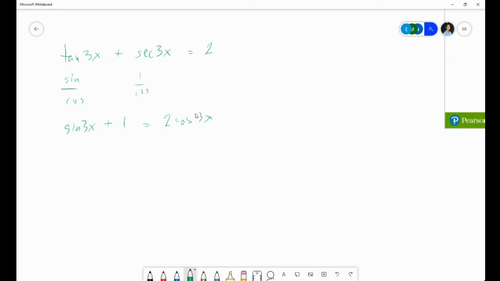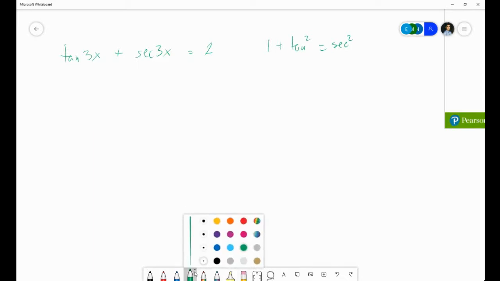So is this where you're stuck at? Yes. Okay. So let's remember all of our trig identities: 1 plus tangent squared is equal to secant squared. Now, in order to get the square, I need to square both sides. And I told you before, do not square both sides when you have two trig functions on the same side. So you need to bring one of them to the other side. So let's bring secant to the other side.